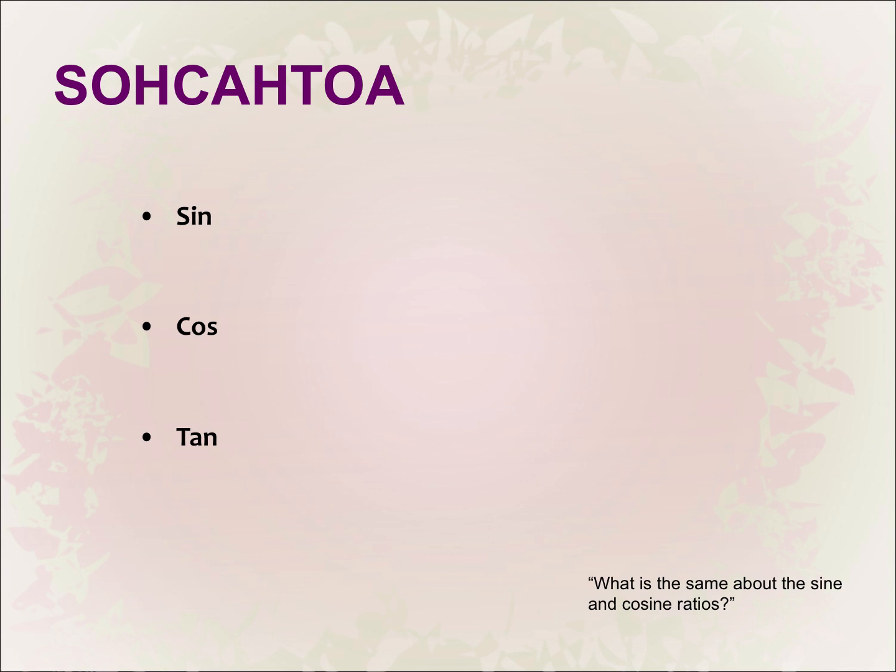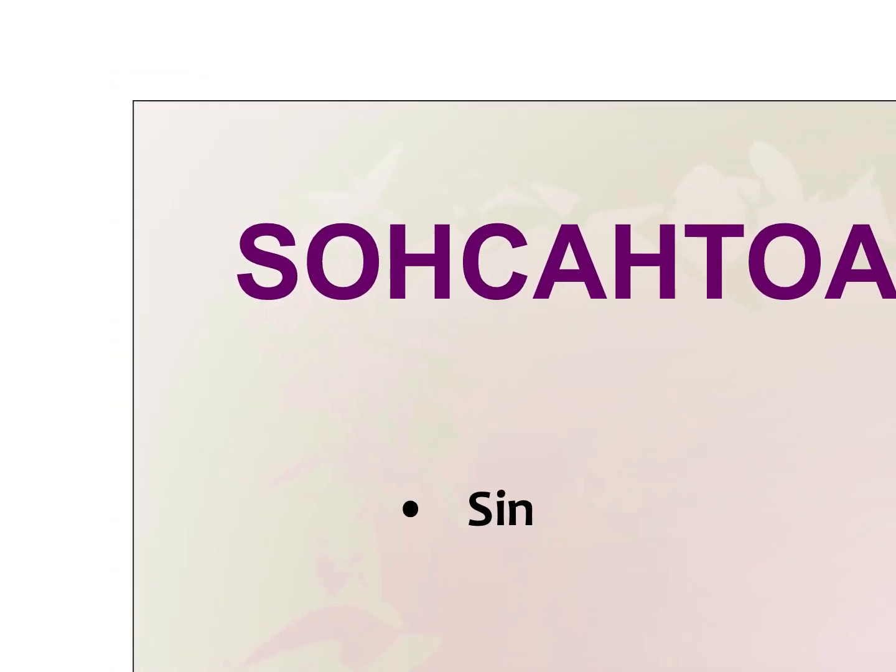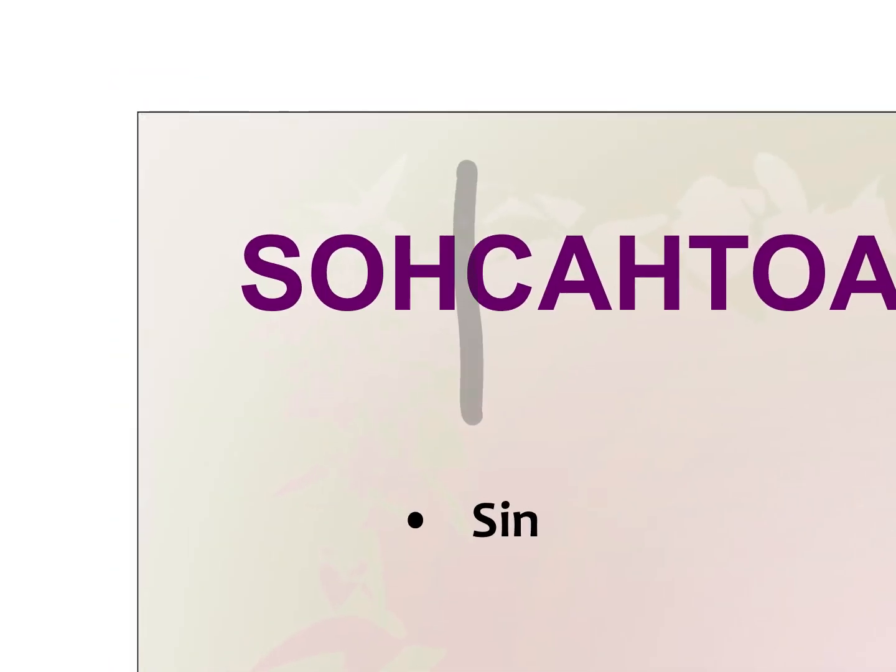So, okay, SOH is your first section, okay? The S, what do you think the S stands for? Sine, very good, S-I-N-E. So your sine is always going to be your O over your H, where O stands for? Opposite, very good.